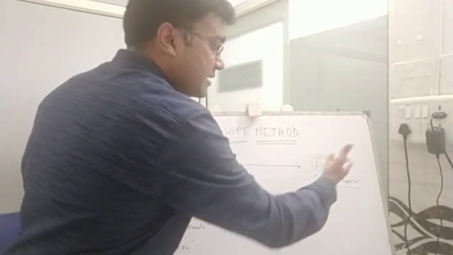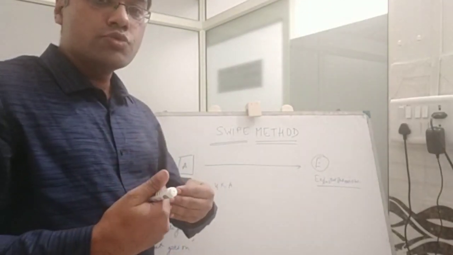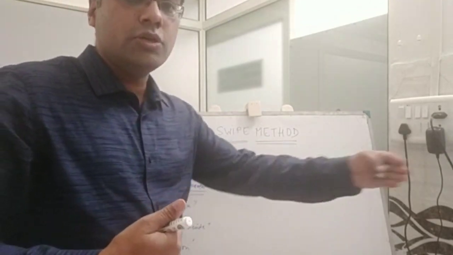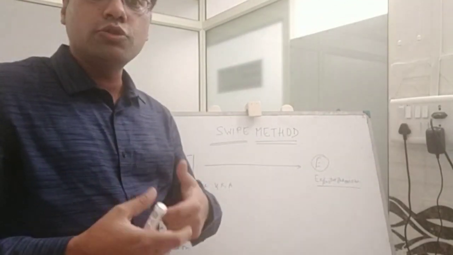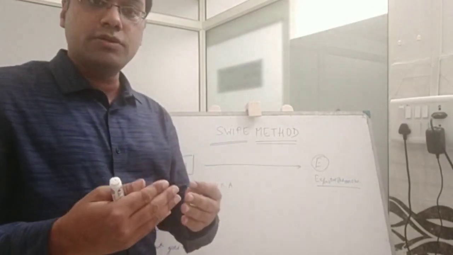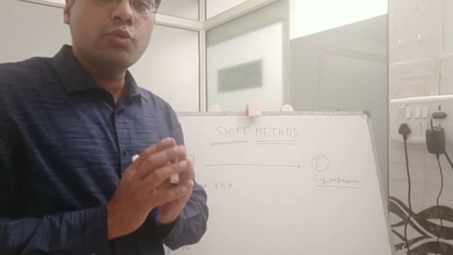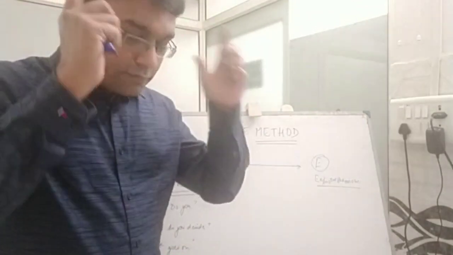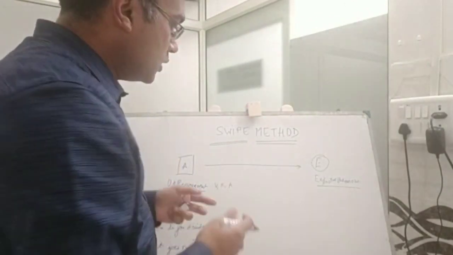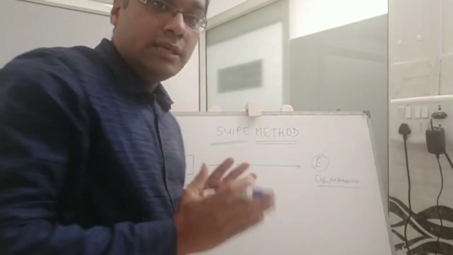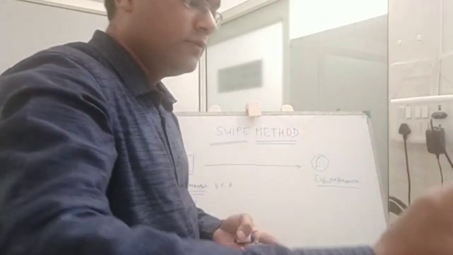Now to reach the expected behavior, we need to take the client through a journey of events. That is how behaviors transform, and they transform permanently. The change which we are going to install in the mind of the client is going to be permanent. So moving from A to E, there has to be a series of events.